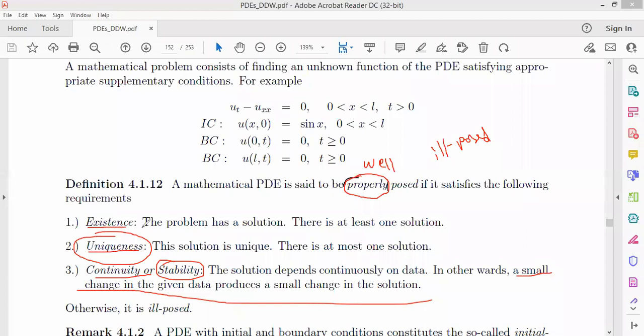So we are saying if any of these three is breached, then that problem is ill-posed. And I guess you've understood what that means.